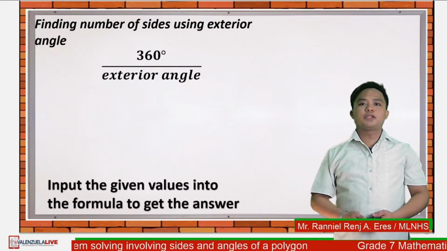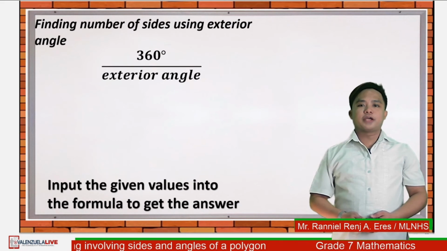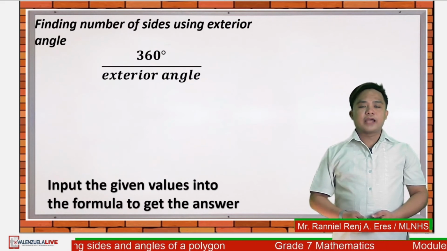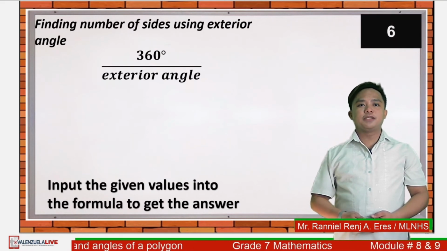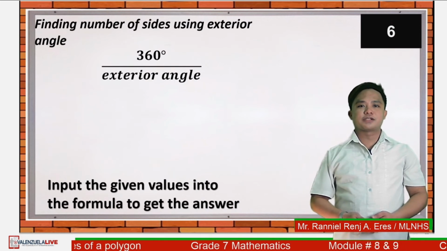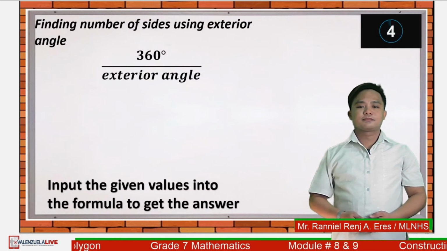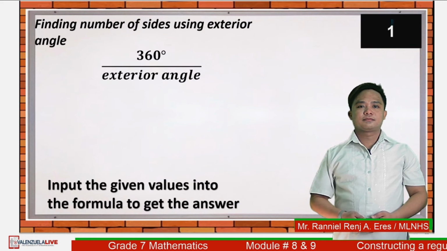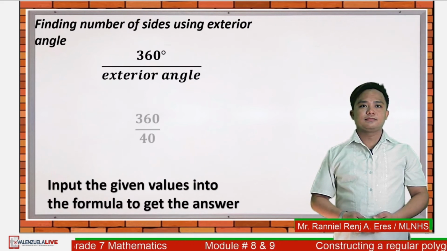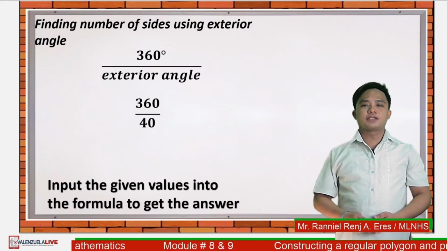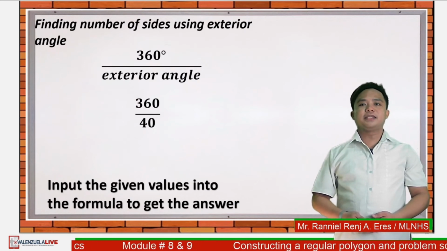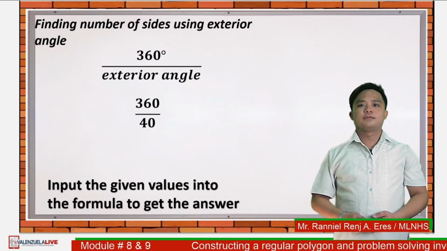Now, let's input the given values into the formula to get the answer. Kindly comment the mathematical sentence for this. I will give you 5 seconds to answer. Okay. So, your mathematical sentence must be 360 divided by 40.